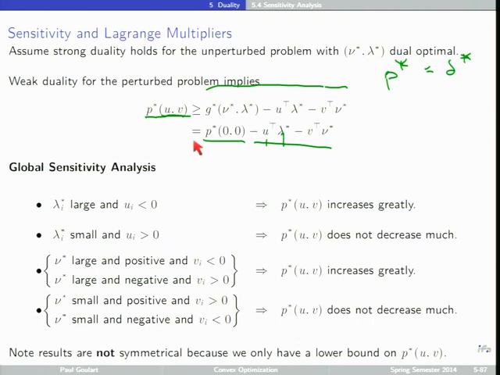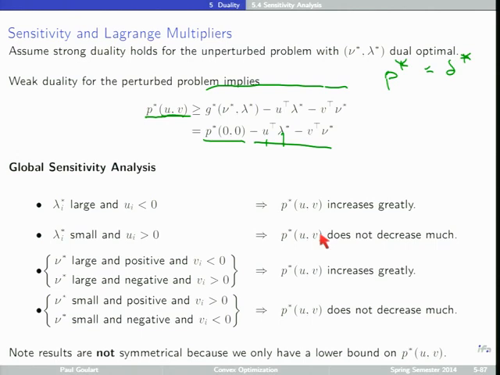But if we assume that that doesn't happen, then we would have a kind of symmetrical hope anyway, that if I loosen up the constraints that have big multipliers, I hope that the situation will improve. But definitely if I tighten the constraints, the situation will get worse, okay? And I can also say that if the multiplier is very small, if I loosen up those constraints, then it's not going to do very much to the value. This is all I can say. This is all I can guarantee anyway.